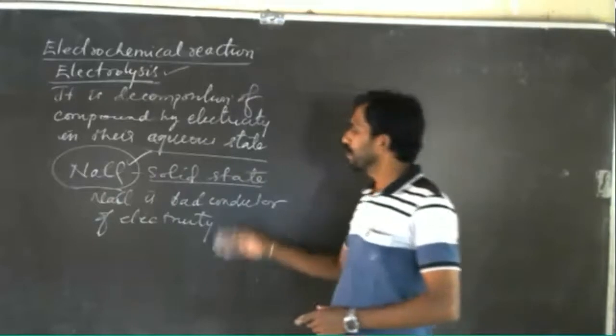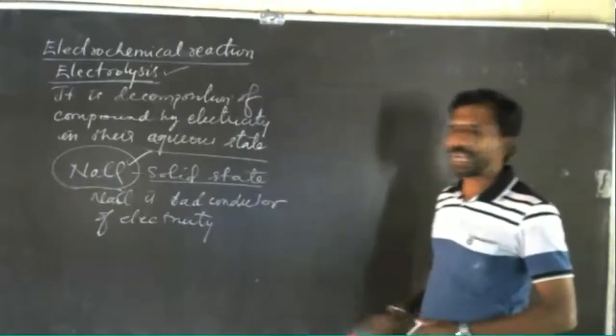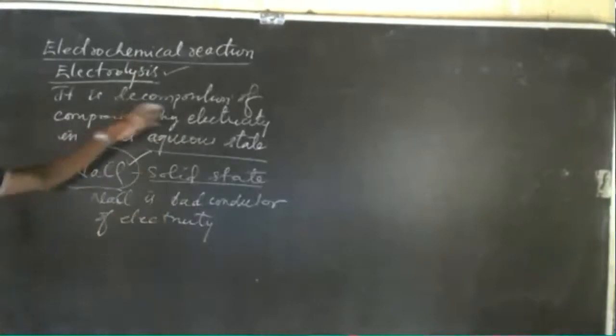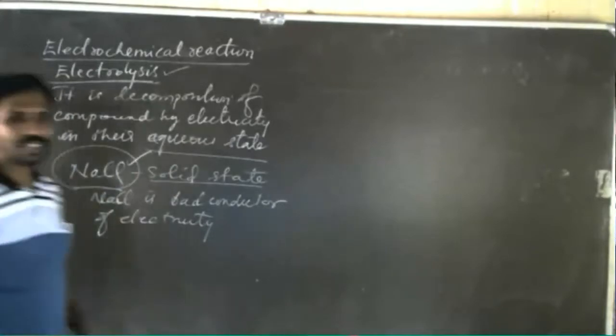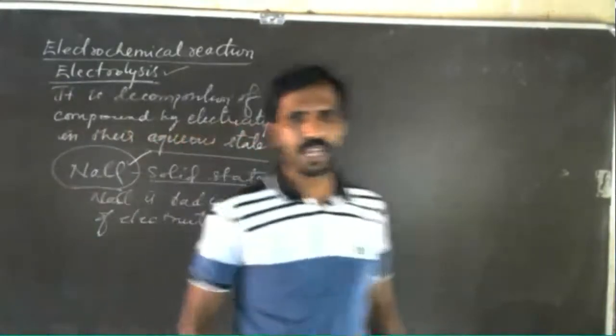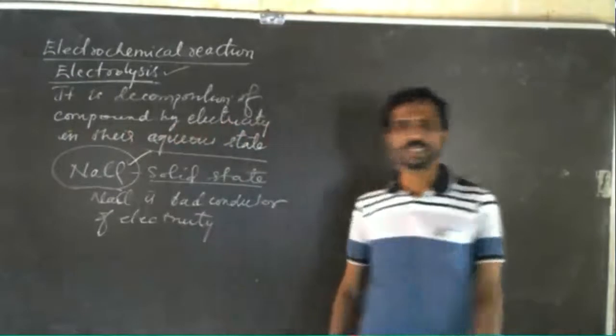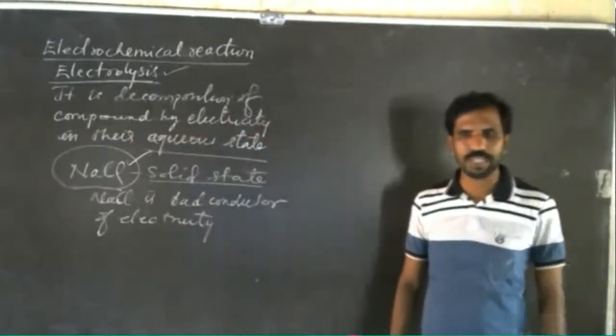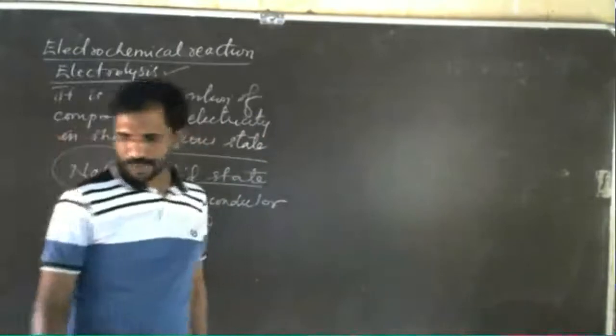So, in aqueous state, if a compound decomposes by using electricity, it is called electrolysis. Electrochemical reaction is a type of decomposition reaction in which electricity is used to break the compound. Understood? In your textbook, they have one example of electrolysis of water.